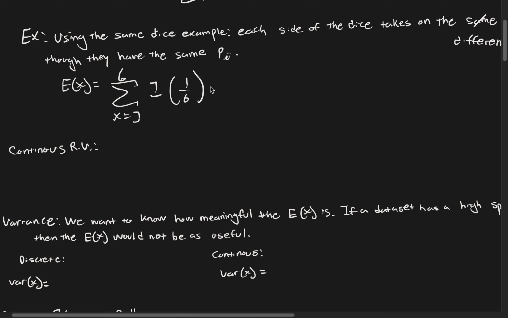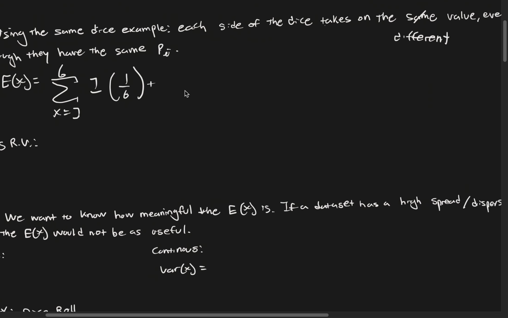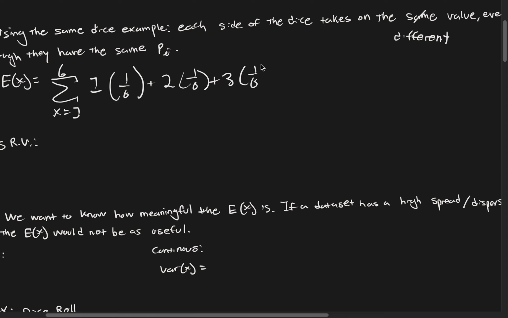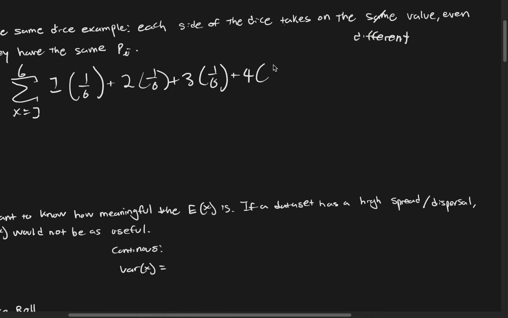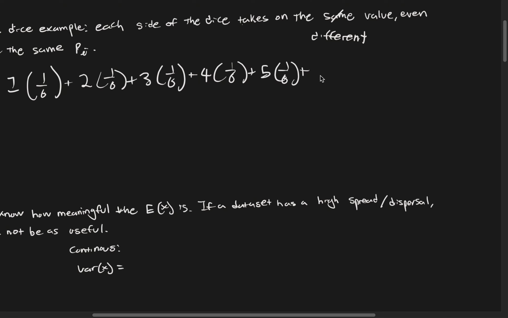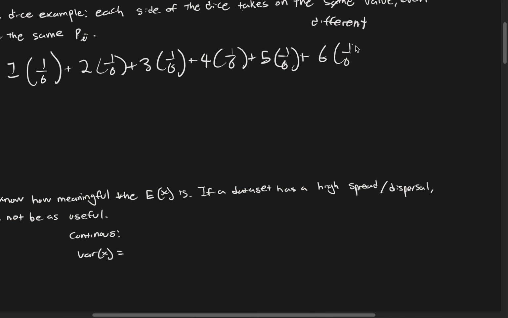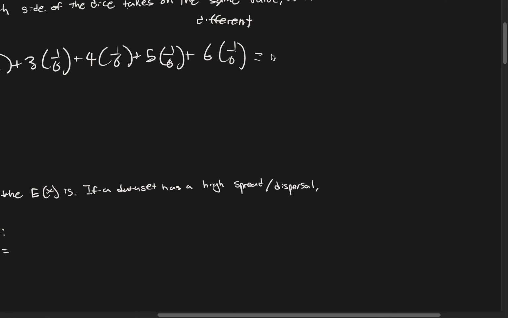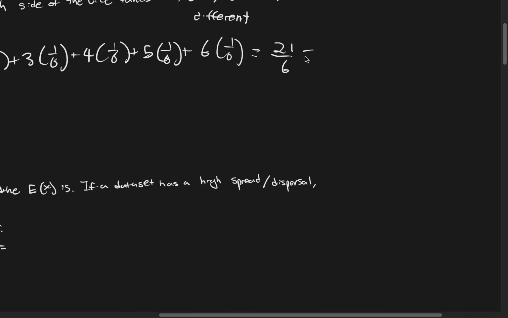The value of 1 has a probability of 1 over 6. Same with 2, and so on. If we add that up, that comes out to be 21 over 6, which is 3.5.